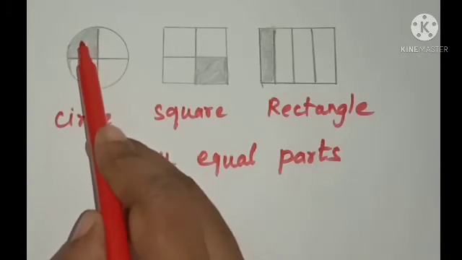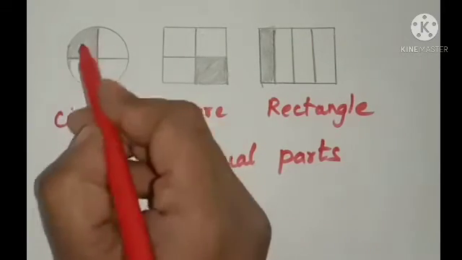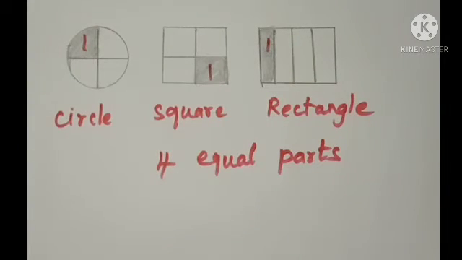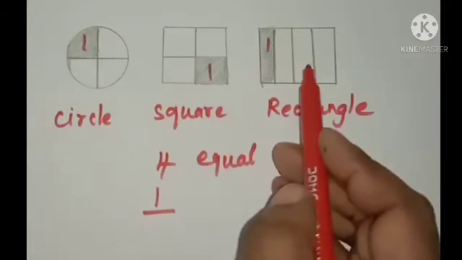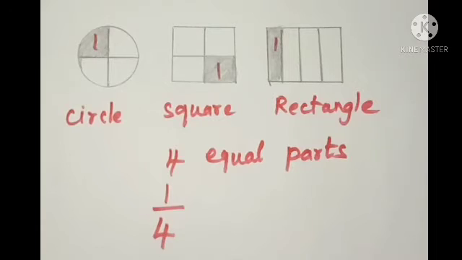Yes, only one part is shaded in each shape. One. So the fraction of circle, square, rectangle is 1/4. The fraction of shaded portion of the given shapes, circle, square, rectangle is 1/4.